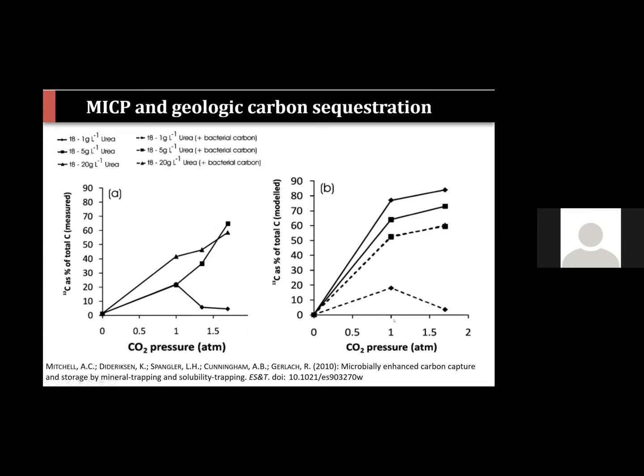And we see that the incorporation of carbonate from the gaseous CO2 phase into calcite increased with increasing partial pressure of CO2, as well as increasing urea concentrations, up to around 40%.